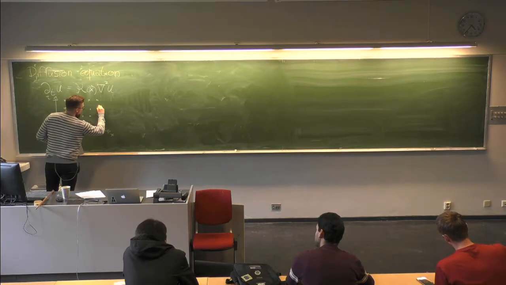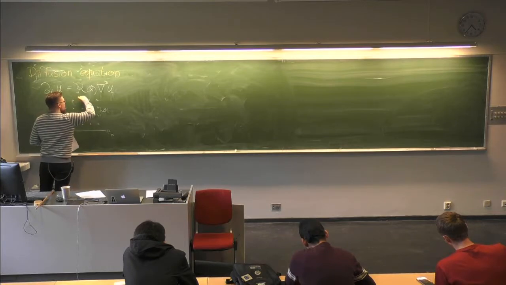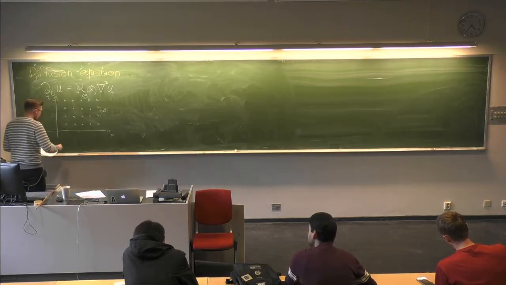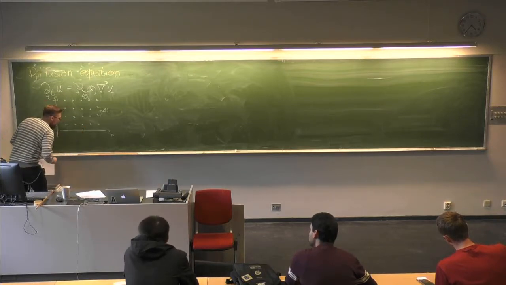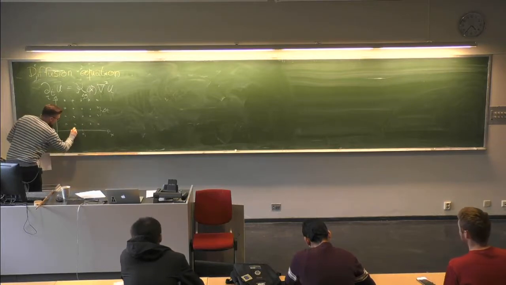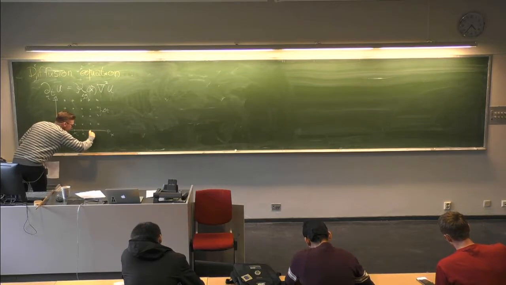And the time steps, all those delta t, and the distance between each node, I'm going to call those delta x, like so. And again, this down here is point x i minus 1, this is point x i, and this here is x i plus 1.